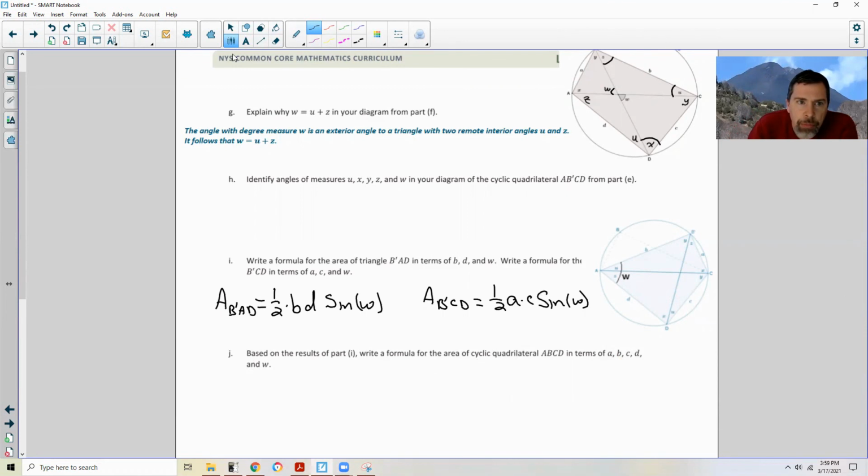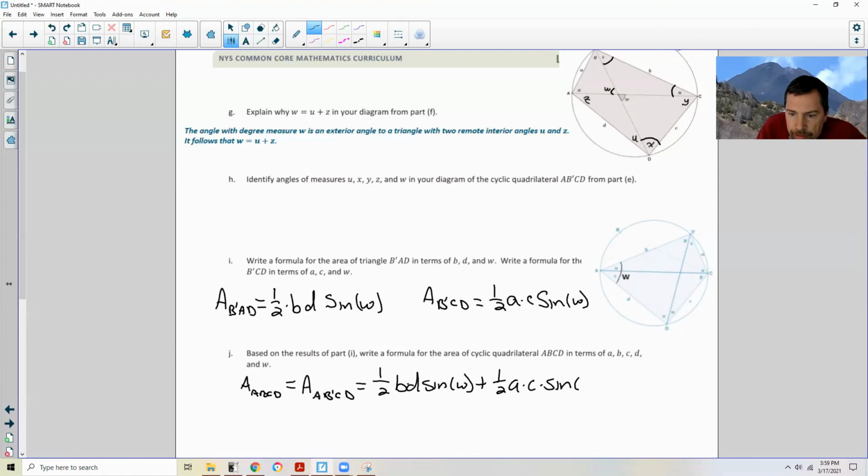All right, so the area of ABCD is going to equal the area of AB prime CD. So they're going to be equal. So that's going to equal 1/2 B times D sine W, this one, plus 1/2 A times C times sine W.